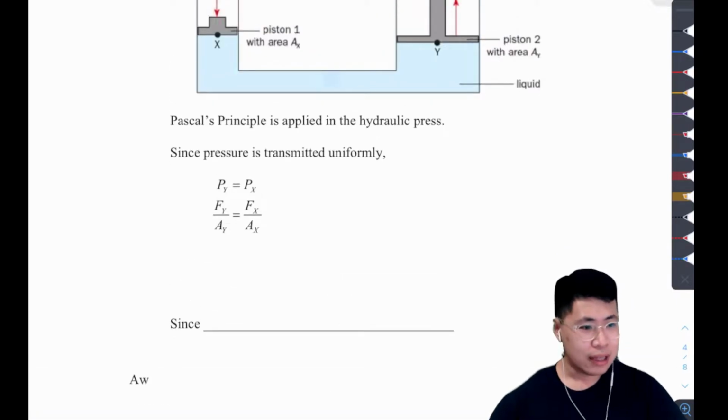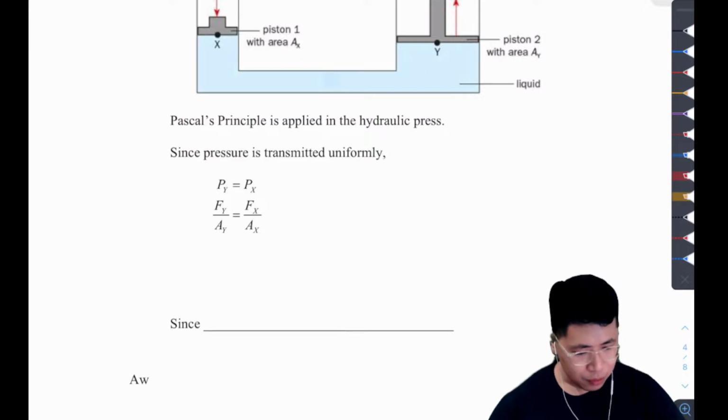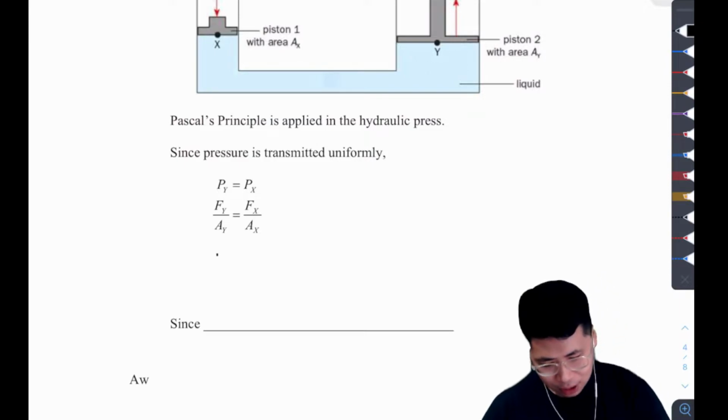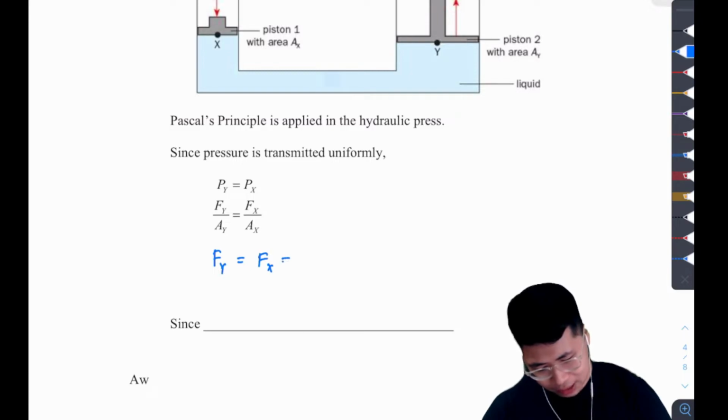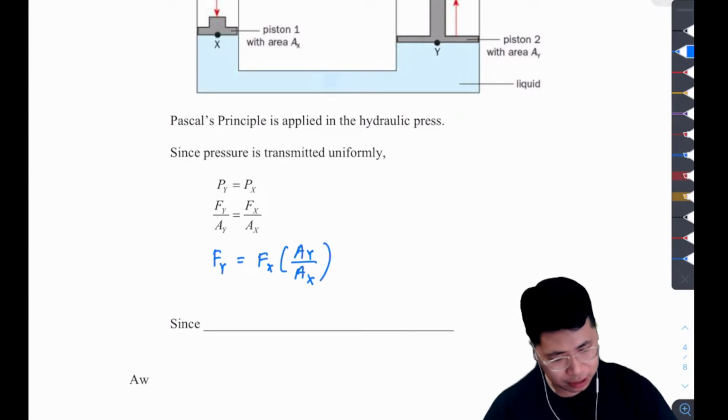Okay, so let us fill in some blanks over here. Let's do some adjustments. We want to explore the force that we get from y. The force that we get from y is going to be equal to F of x times Ay over Ax. Let us rearrange it this way.